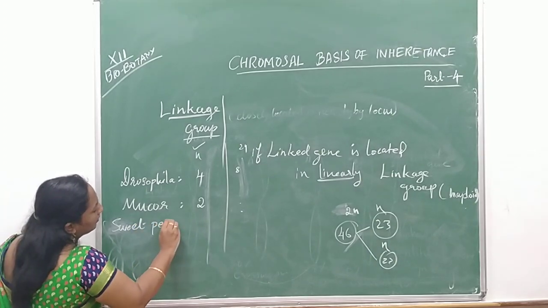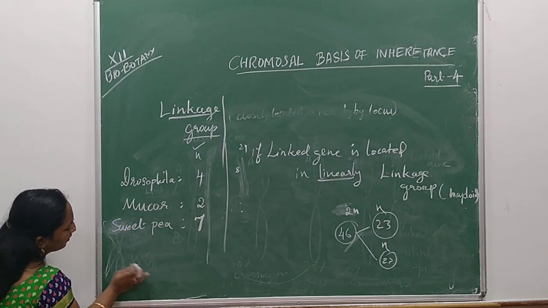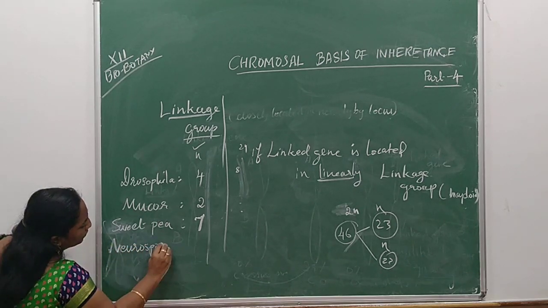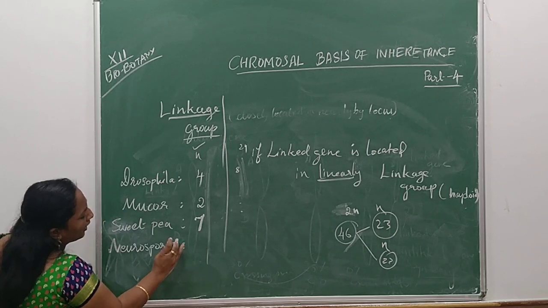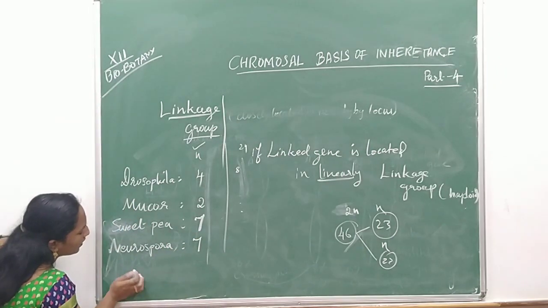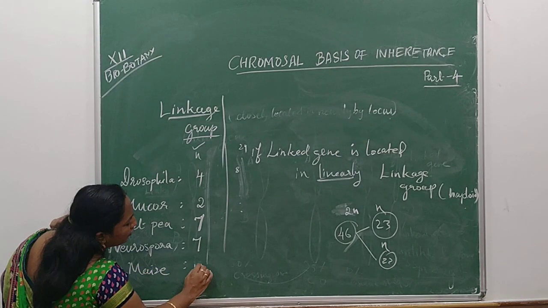Sweet pea has 7 chromosomes. Neurospora, also a fungus, has 7 chromosomes. And the last one is maize, which has 10 chromosomes.